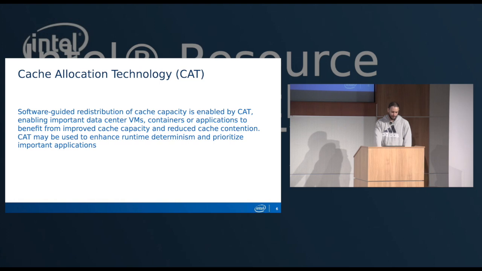Here we go, cache allocation technology. At the end of the day, you're going to have to profile your workload to see if being cache constrained is causing the problem.